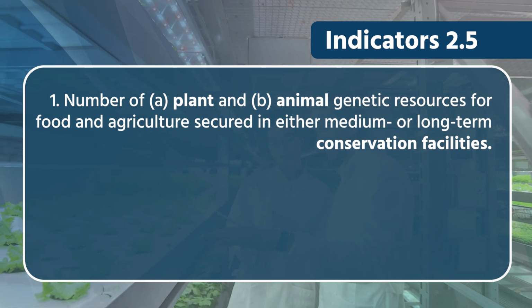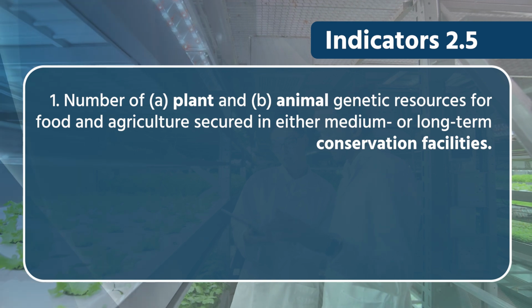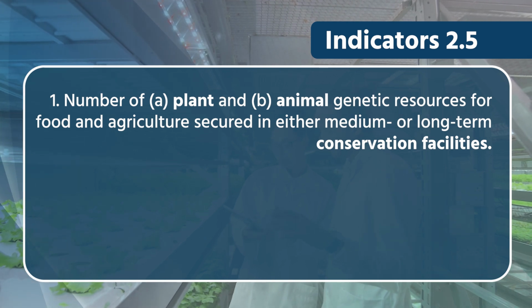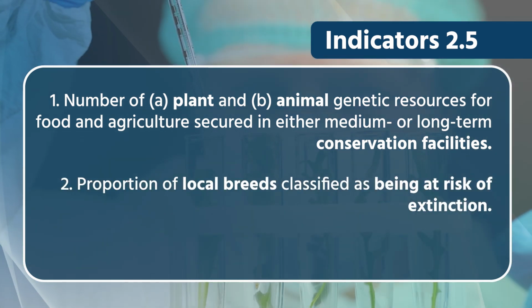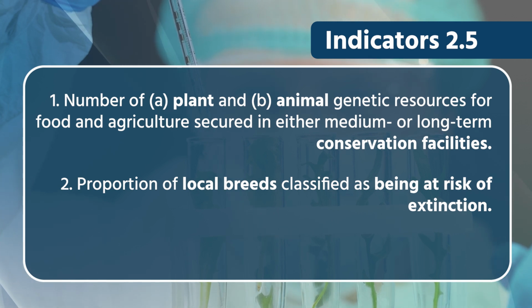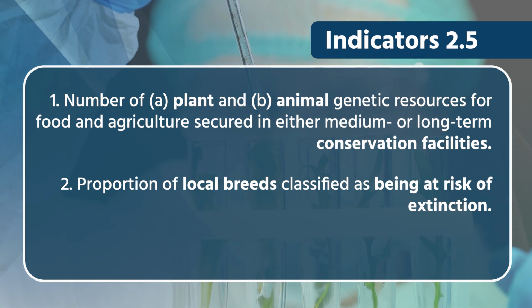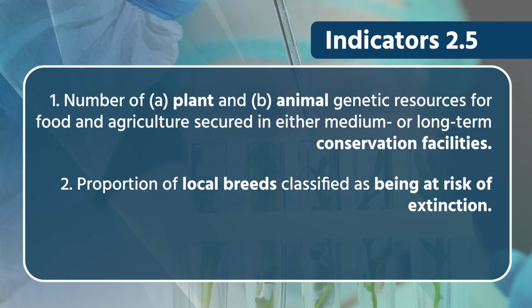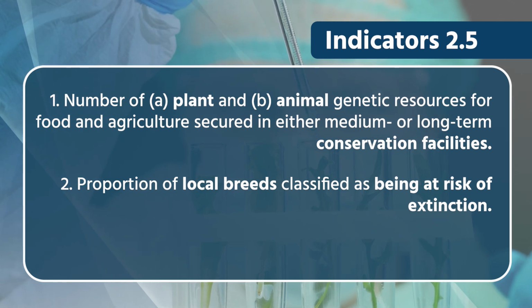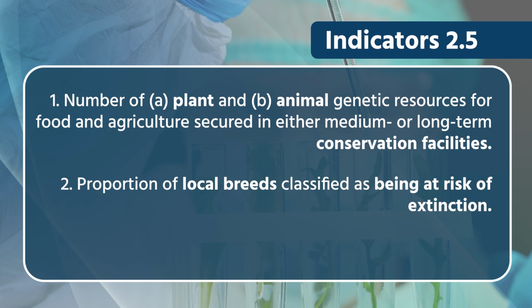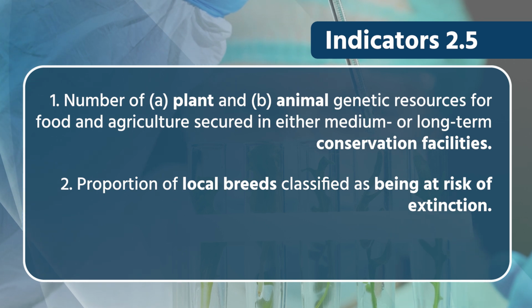How many are there in conservation efforts or conservation facilities? The second indicator is the proportion of local breeds classified as being at risk of extinction. These are the indicators to look into the target of maintaining genetic diversity.